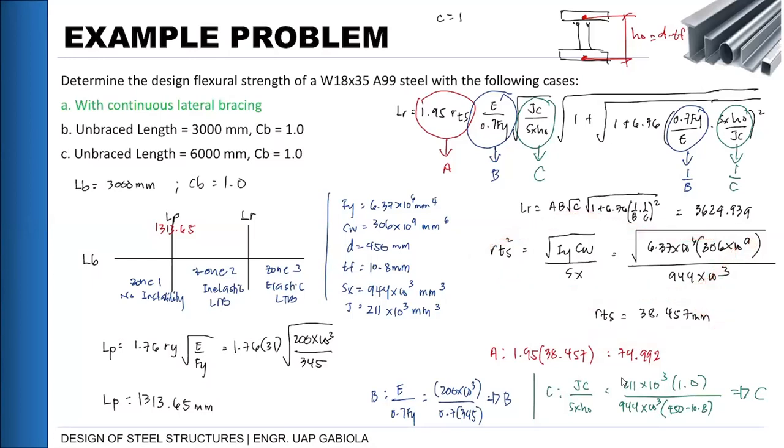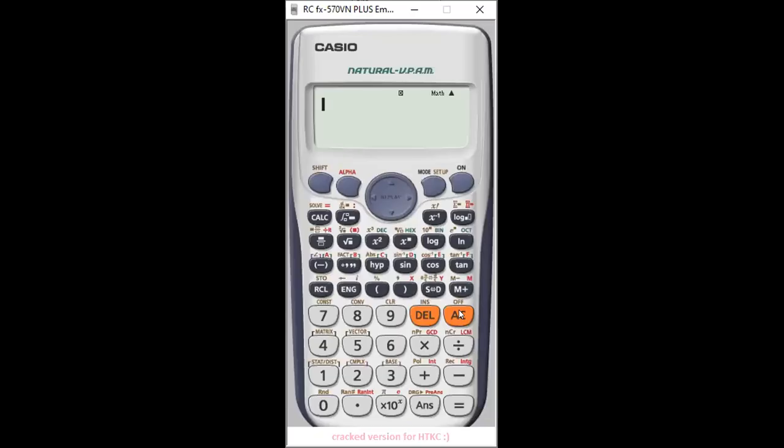So kung gusto natin mas exact yung value natin, ito kasing value na to, galing to do sa exact na formula, na equation, no? Na 38.457 blah blah blah dito, no? Tapos mo-multiply natin ng 1.95 tsaka natin i-store dito. Okay? So mula dun sa nakalagay natin, para makita nyo lang, dito.